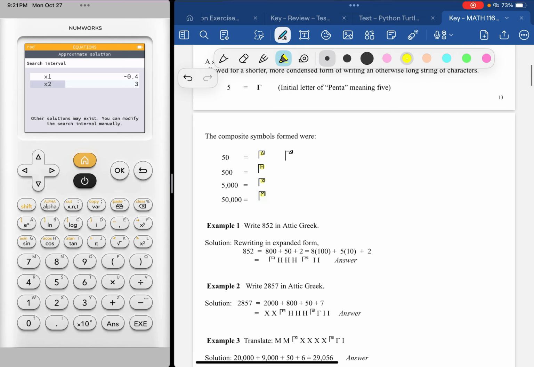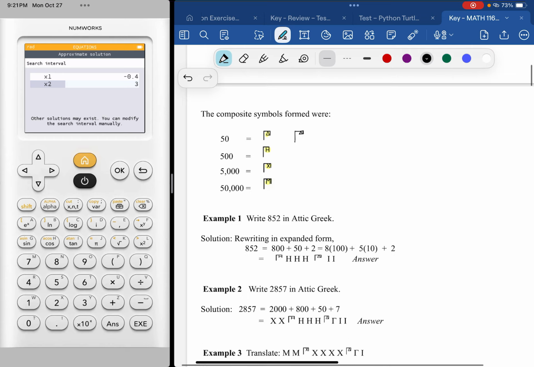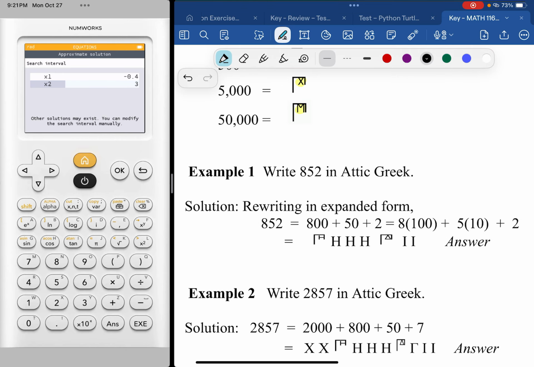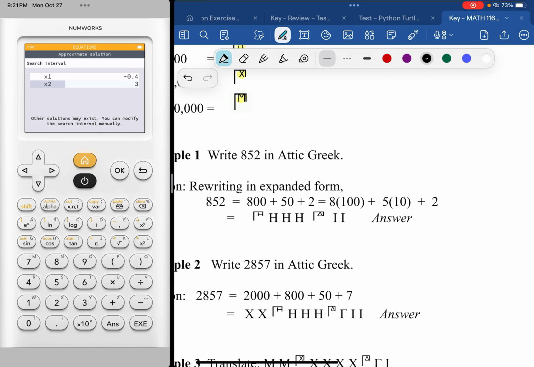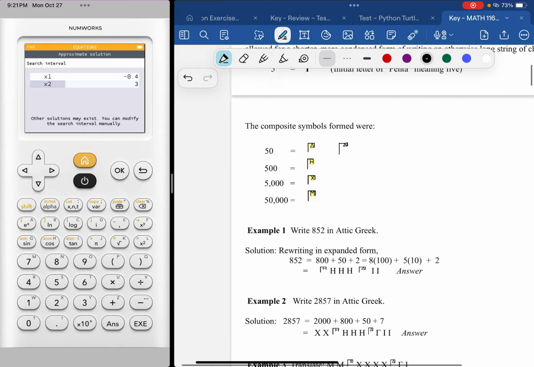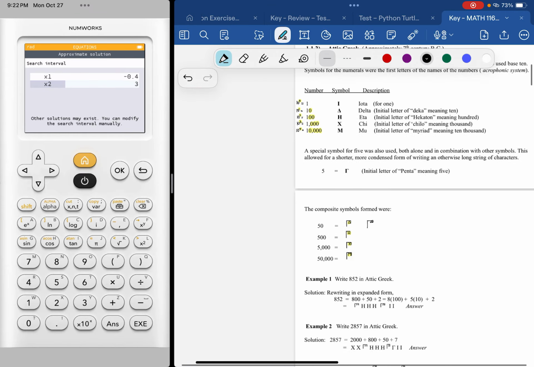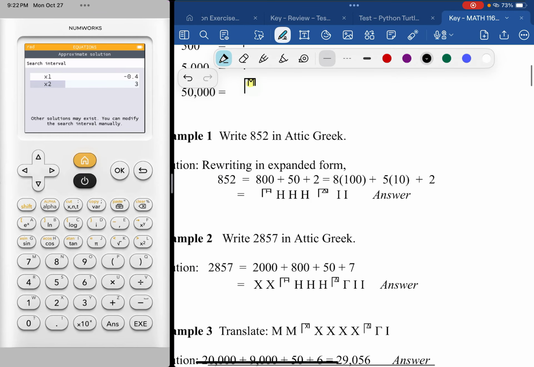All right, so if I want to write something like 852 in Attic Greek, I can break it up based off the digits. I have 8 of those 100s, all right, and for the 100 I'm using the eta symbol. So I'll just do it off on the side here. So I have, it's kind of strange, 8 of those.